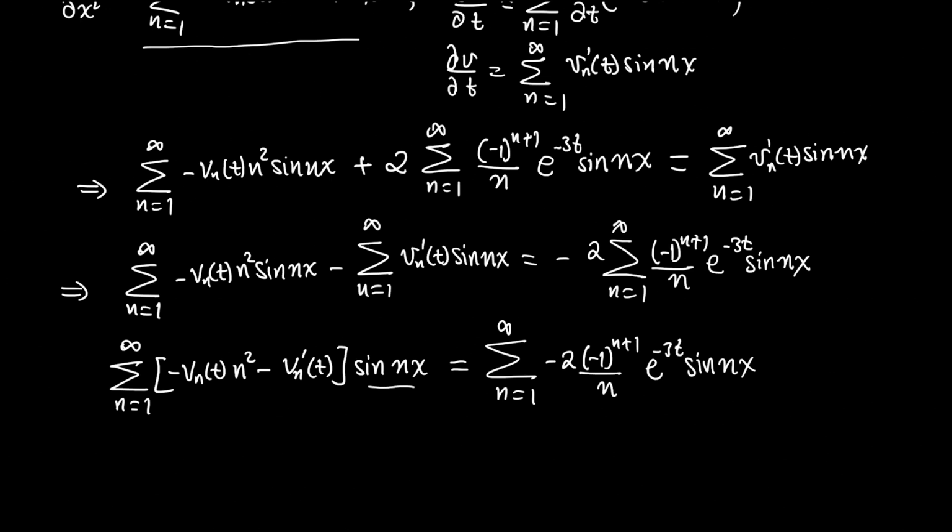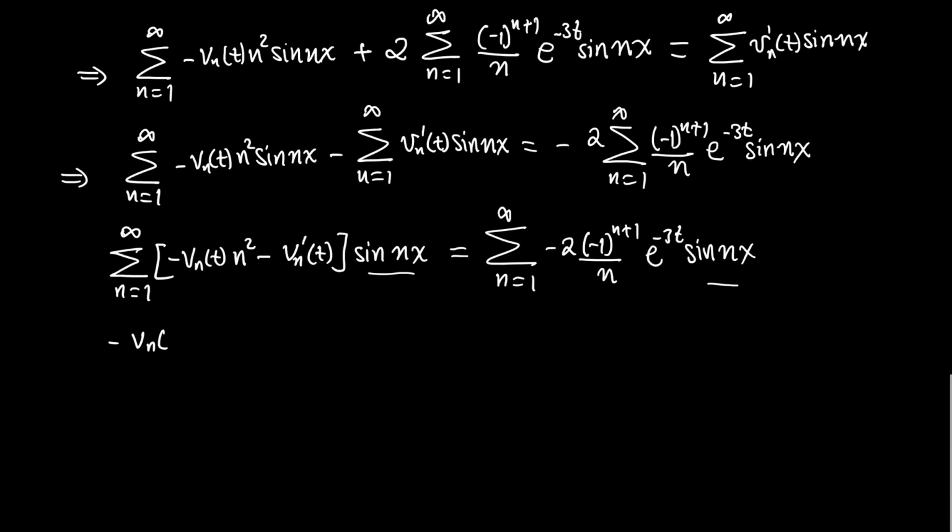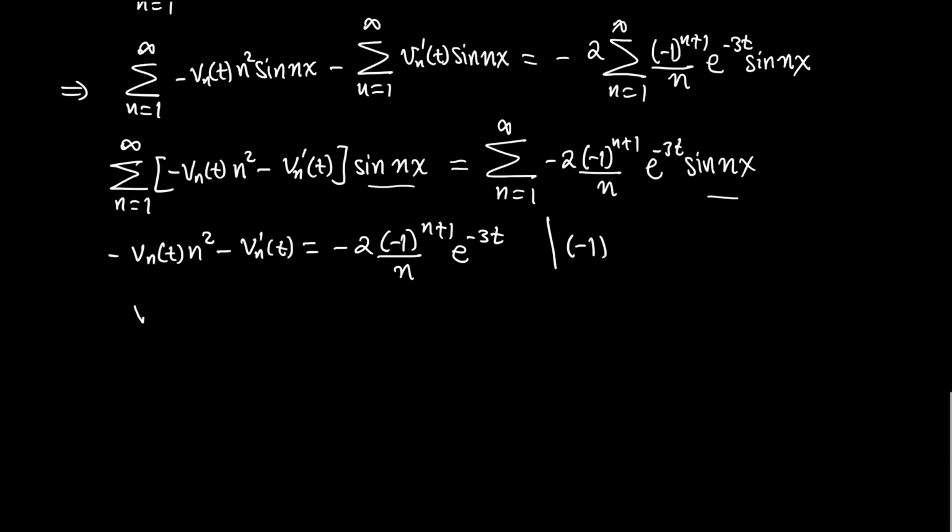Okay, I have sin(nx), so I'm just going to equalize the coefficient of each. That means I'm going to have minus v_n n squared minus v_n prime equal to minus 2 ... e^(-3t). Now I'm going to multiply both sides by minus 1. Okay, I have this equation.